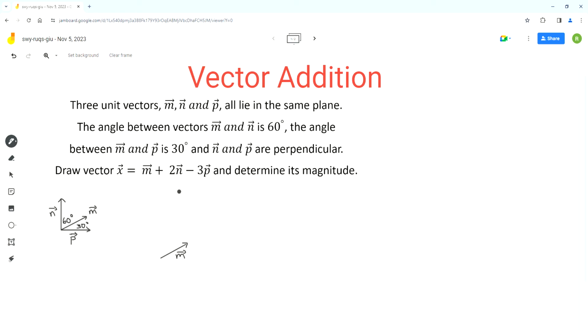Now we have to draw vector 2n. Now the 2n vector is double the length of this vector n, so it will be 2 units long and have the same direction, so it will be vertically up but double the length of the vector n. So this is vector 2n.